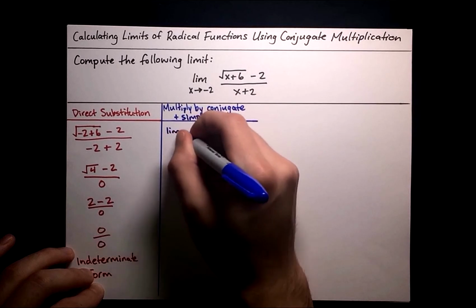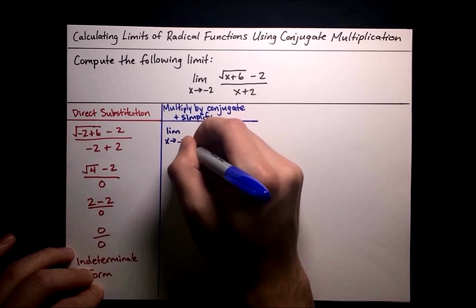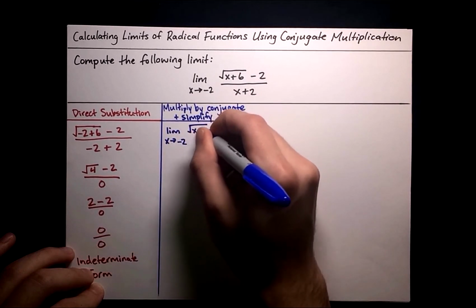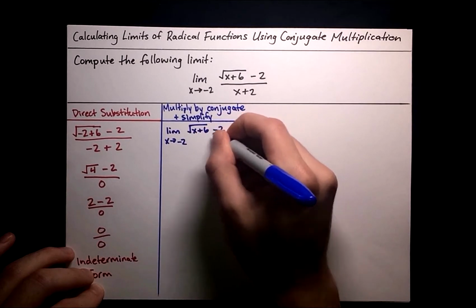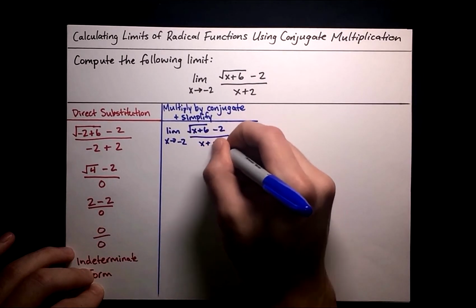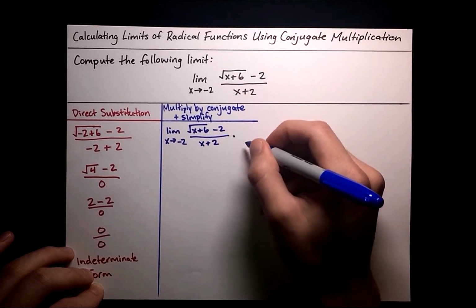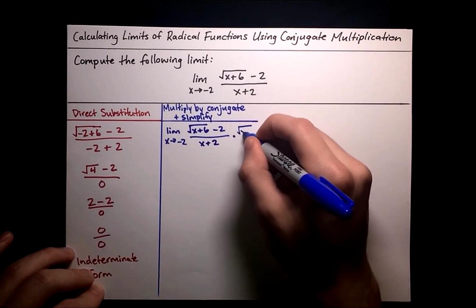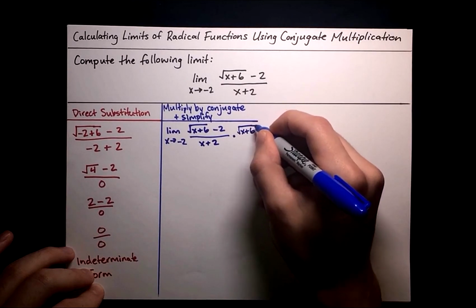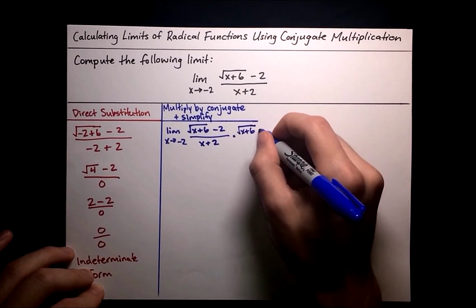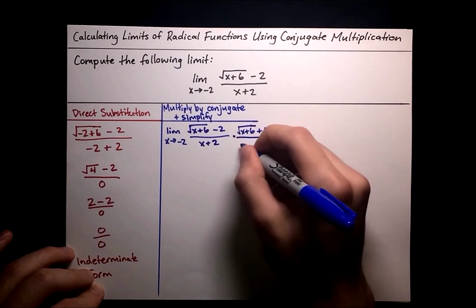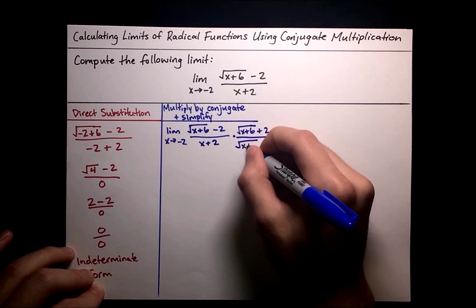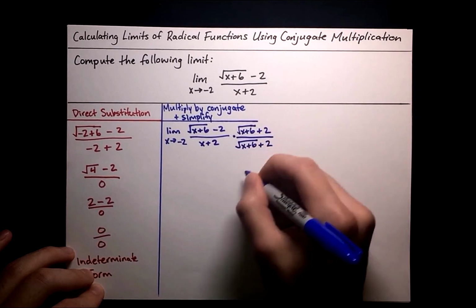So we have limit as x approaches negative 2 of root x plus 6 minus 2 over x plus 2. And then we multiply by the conjugate of the root expression in the numerator here. So still root x plus 6, but flip the sign of this minus 2. It becomes a plus 2 to get the conjugate.